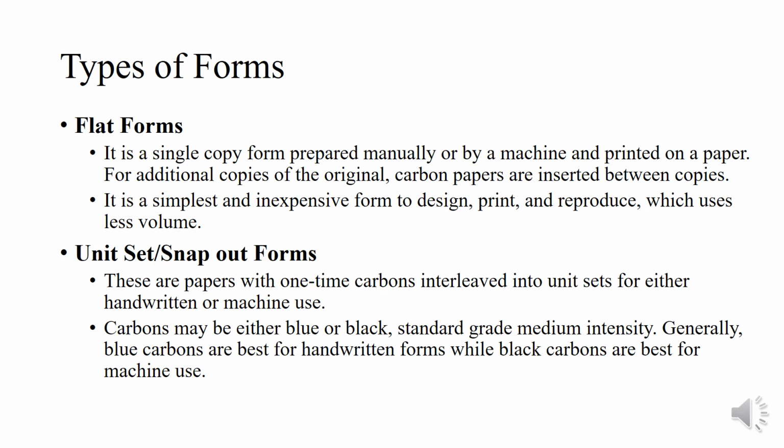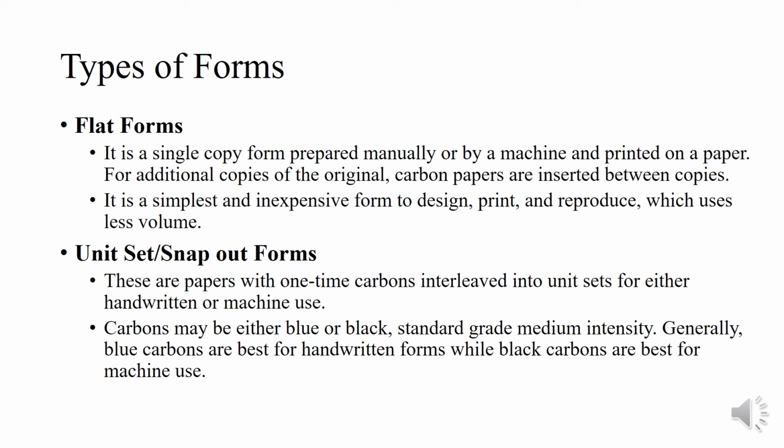Unit set snap out forms. These are papers with one-time carbons interleaved into unit sets for either handwritten or machine use. Carbons may be either blue or black, standard grade medium intensity. Generally, blue carbons are best for handwritten forms while black carbons are best for machine use.